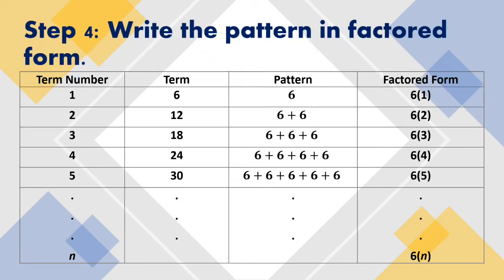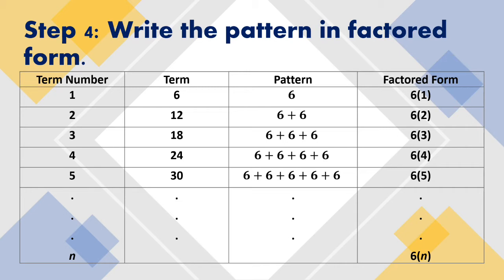Step number 4. Write the pattern in factored form. As you can see on the table, term number 1 has a term of 6 and the pattern is 6. So we can say that the factored form for term number 1 is 6 multiplied by 1.